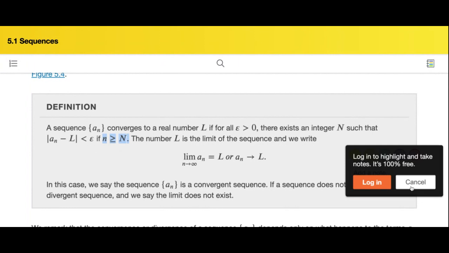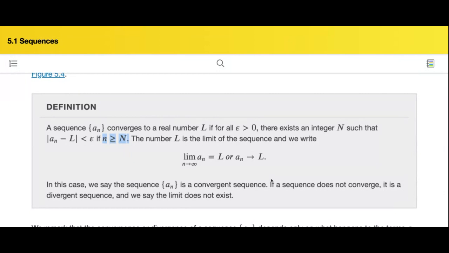If you give me terms up to a certain term, and I can find a pattern for the rest of the terms, I can ignore the previous terms. This is the beauty of a sequence. I can ignore finitely many terms, as long as for the rest of the terms I can find a formula.